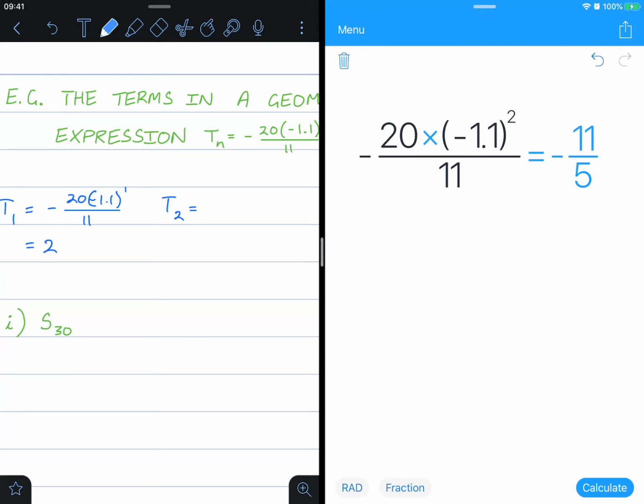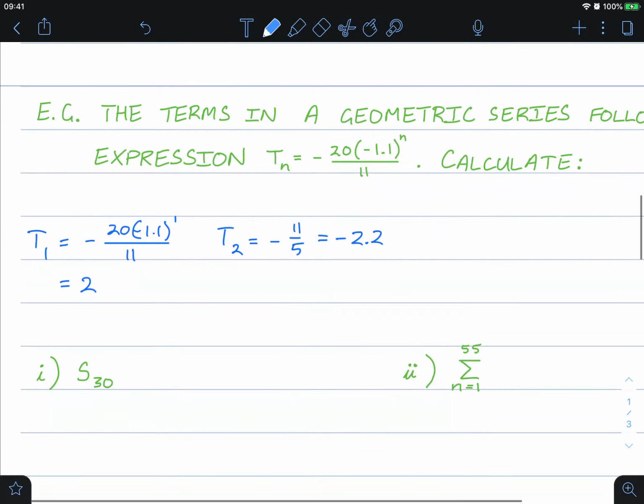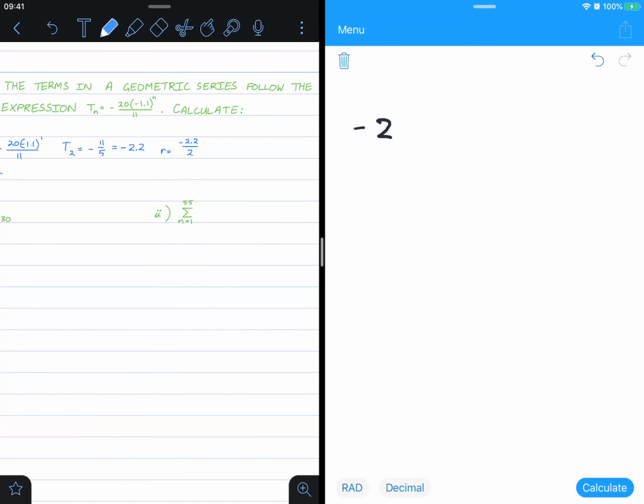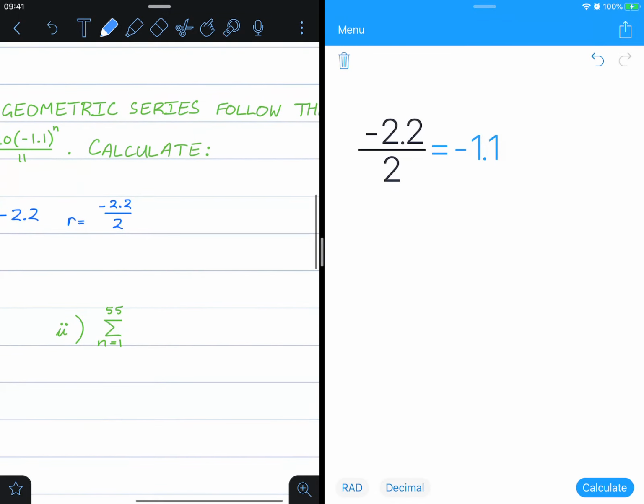The second term is negative 11 over 5, which is negative 2.2. And from this, we can find the common ratio, because in order to find the sum, we need the ratio. So the following term, negative 2.2, over the previous term, which is 2. Negative 2.2 divided by 2 is negative 1.1.